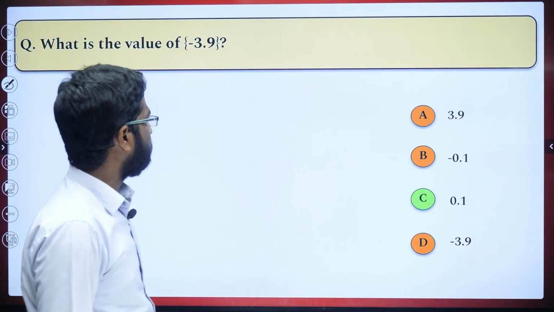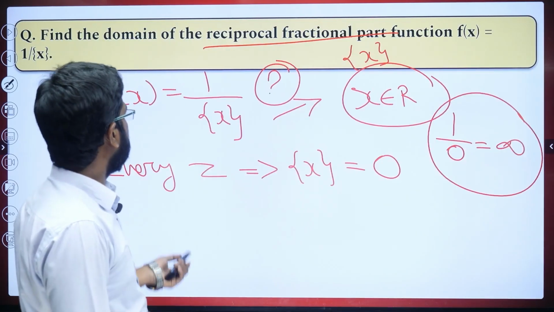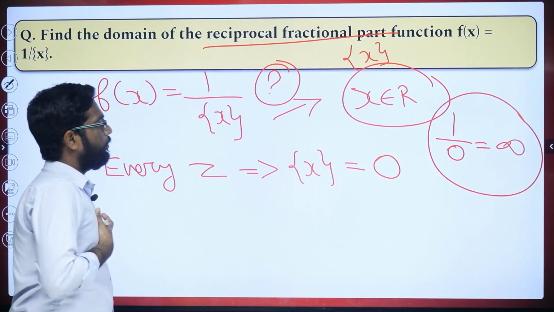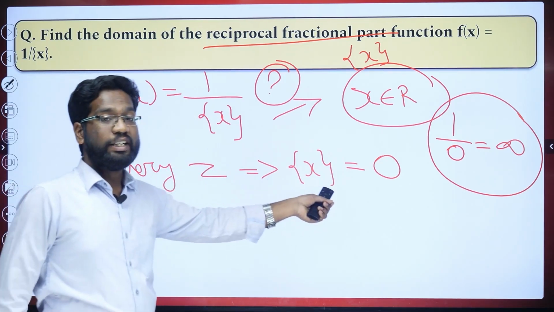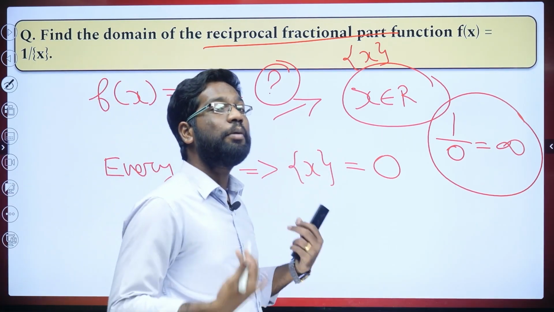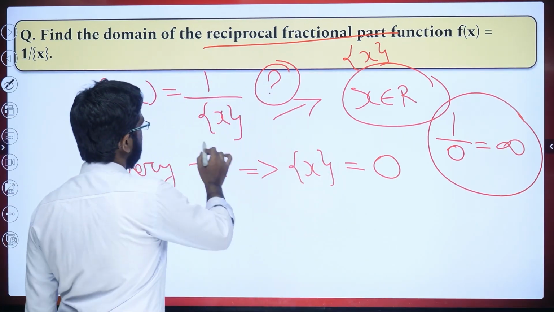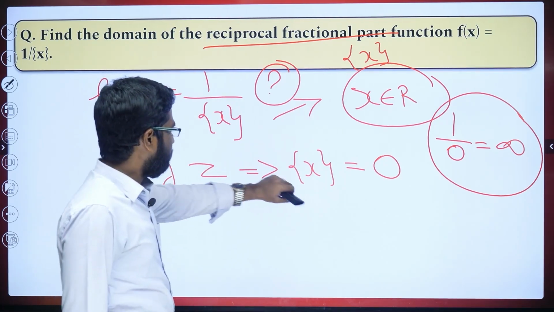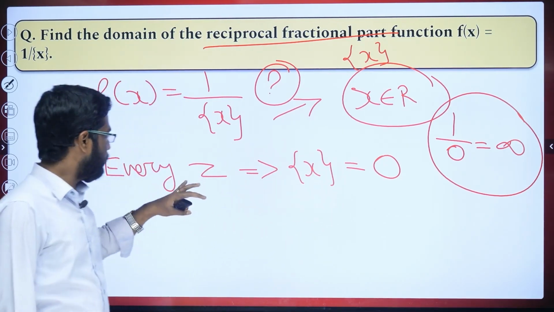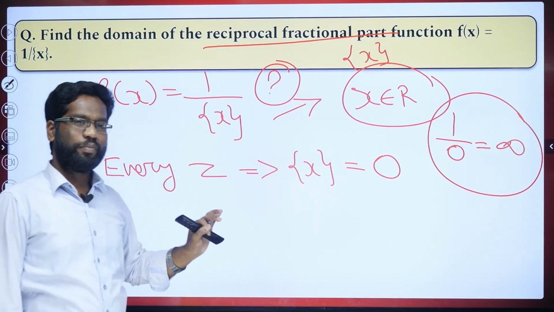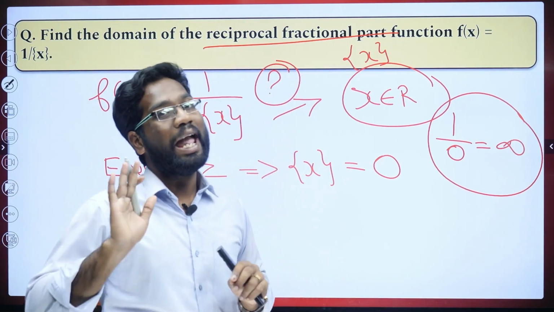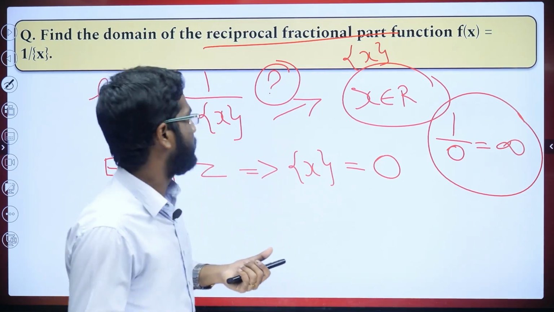So from here we came to know that for every integer the fractional part function becomes 0. If I get 0, it becomes undefined. Apart from every integer, other values are accepted. Everything is accepted except integer values.